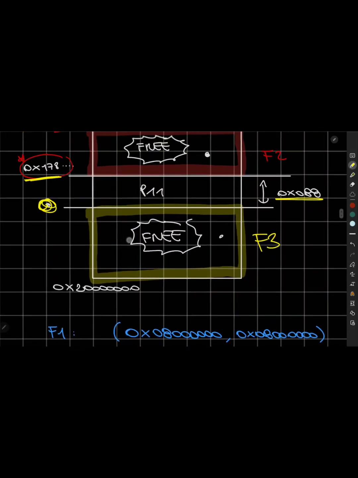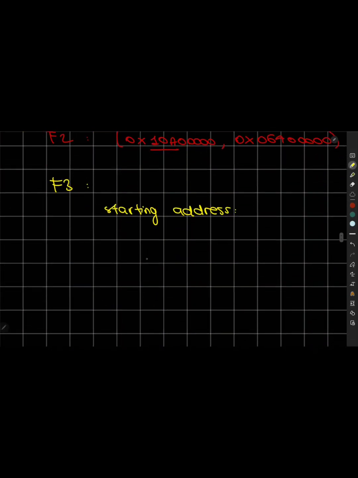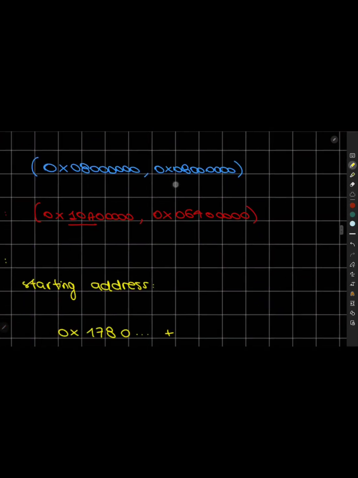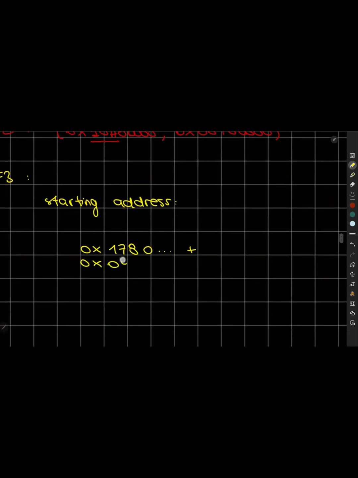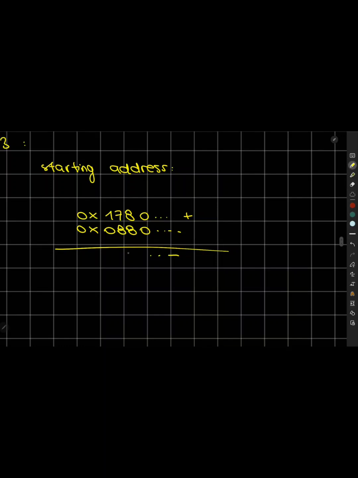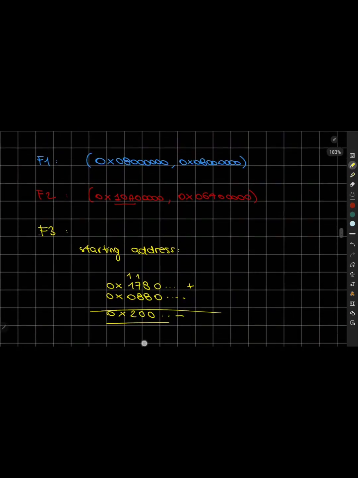So the address here is 0178 followed by a lot of zeros, and the size is 088. So here we have zeros. 8 plus 8 is equal to 16. So I will have 0 with a carry of 1. And here again I have 16. So 0 with a carry of 1. 1 plus 1 is 2. And this is the very first address of F3.